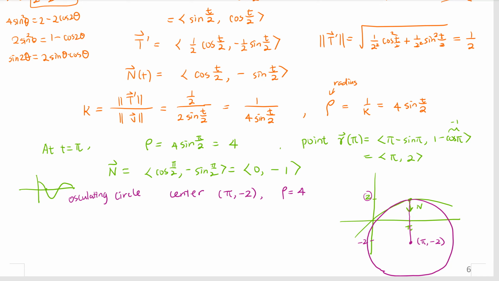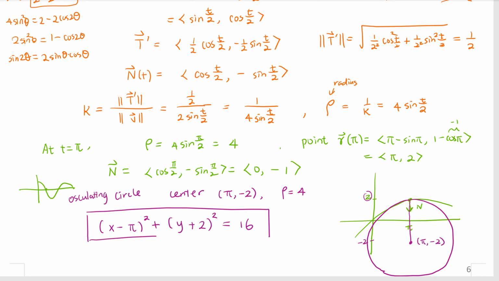Then we can form the circle equation, right? x minus the x coordinate of the center, pi, squared, plus y minus the y coordinate, so y minus negative 2 is the same as y plus 2, squared, equals the radius squared. So 4 squared is 16. Okay, so this is the equation of the osculating circle.